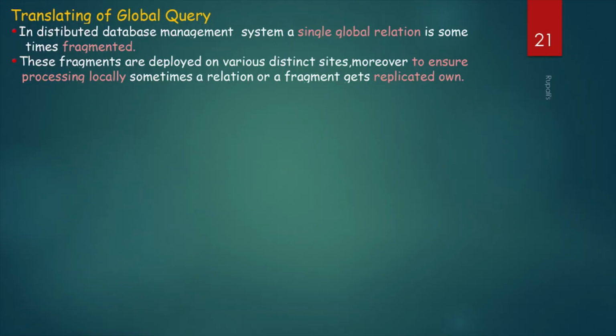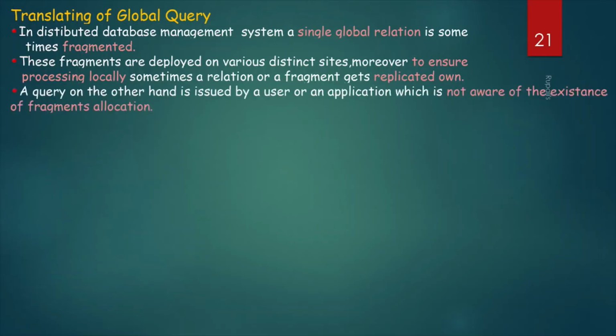A query, on the other hand, is issued by a user or an application which is not aware of the existence of fragment allocation. When a user triggers a query, they don't know whether the global relation is fragmented or distributed.